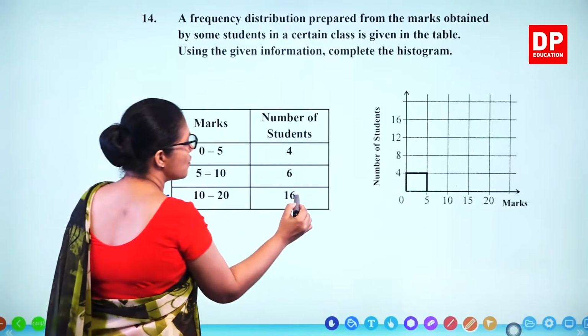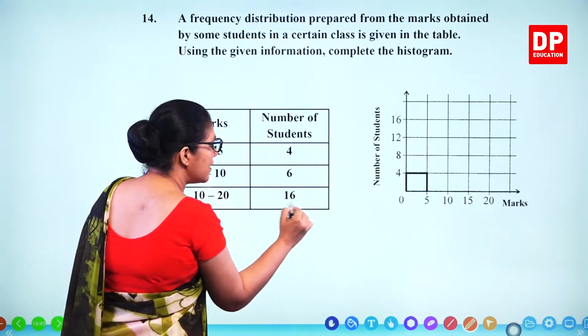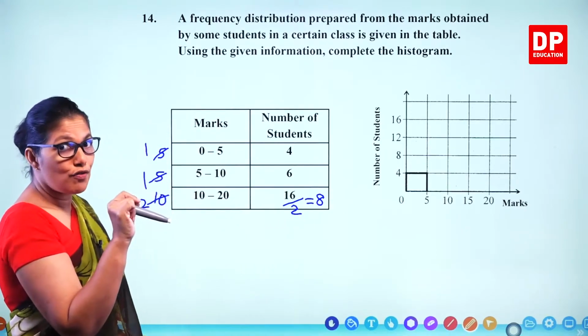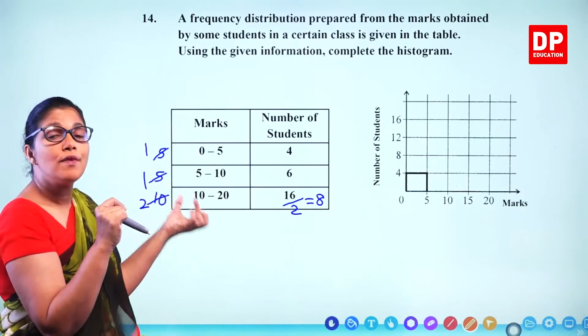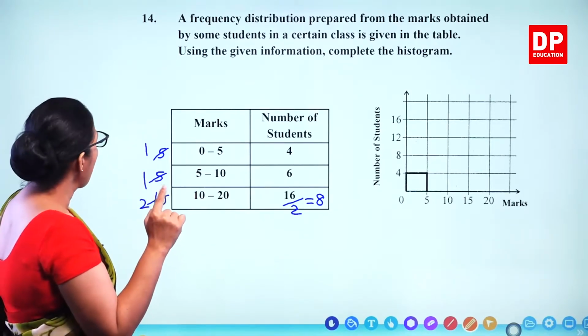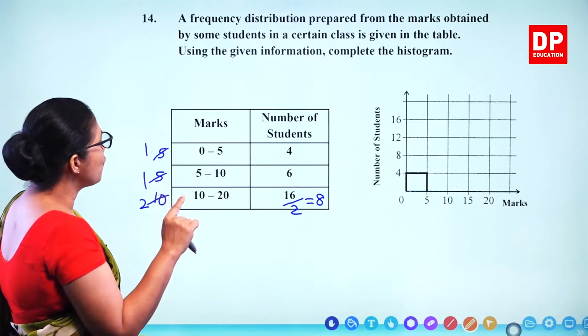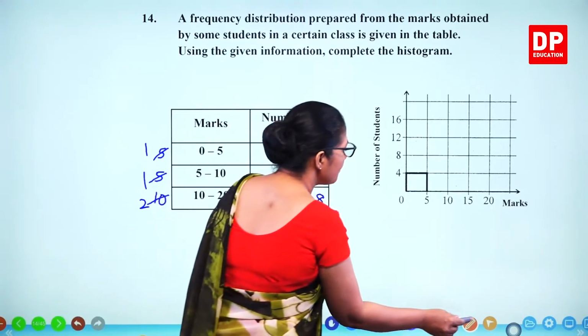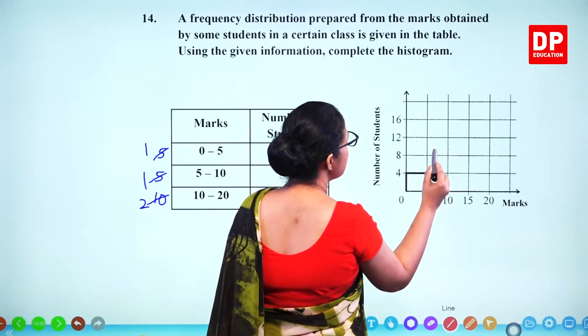So the frequency you have to divide by 2 then. So 8 for each bar. So that's how you find out. First see whether the widths are the same. If not, you have to take the ratio and divide. So the first one is done for you, 0 to 5, that's 4. 5 to 10, 6.